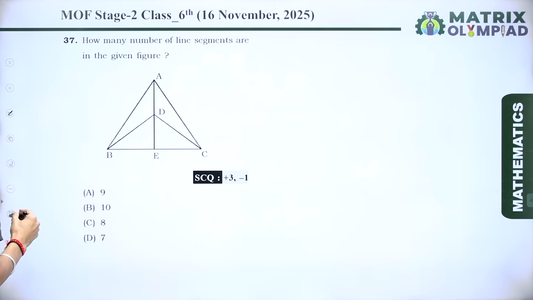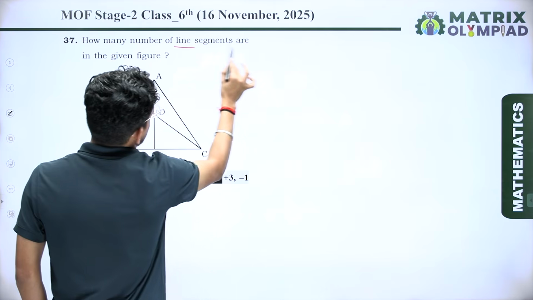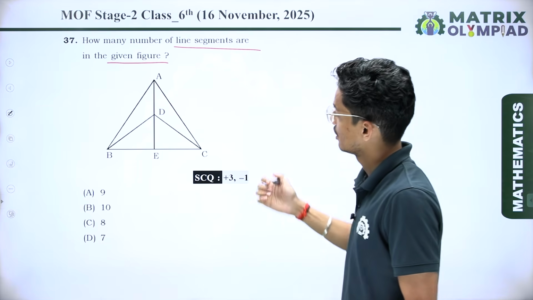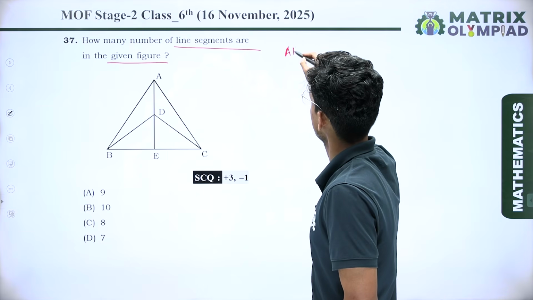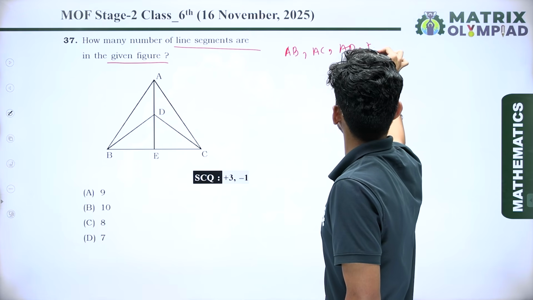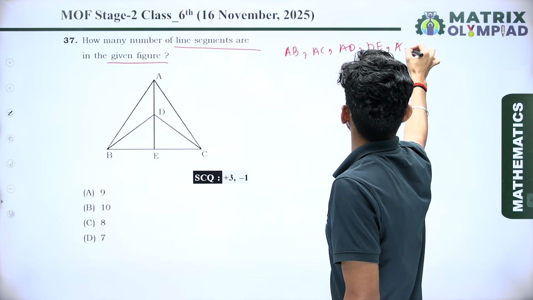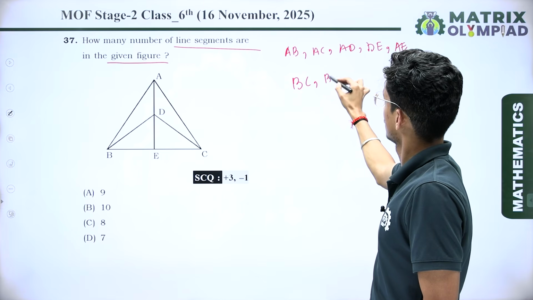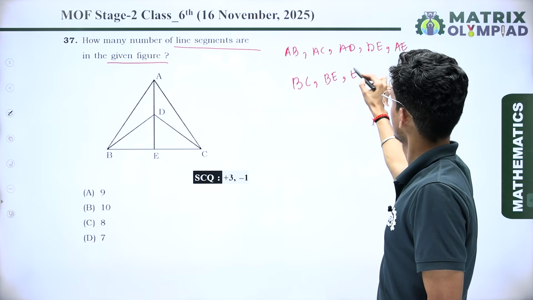So now the next question: how many line segments are in the given figure? We just have to find the line segments. Here we have AB, AC, AD, DE, AE, BC, BE and EC.